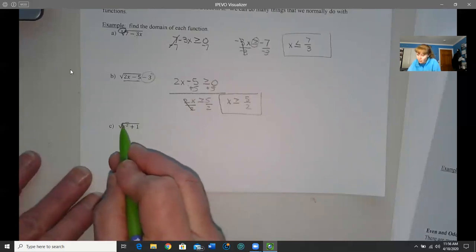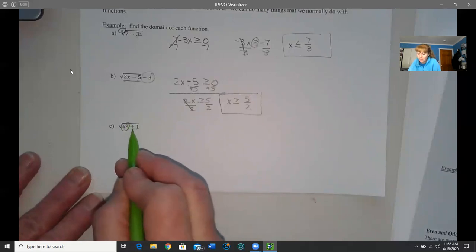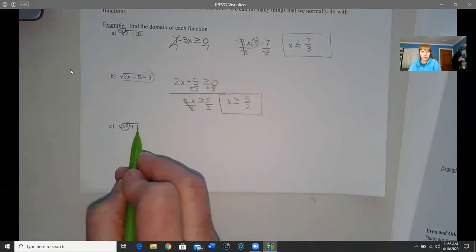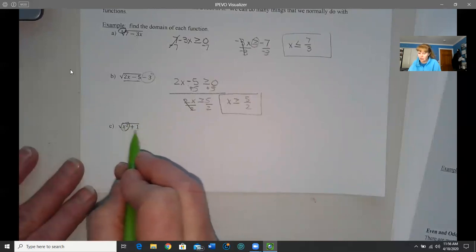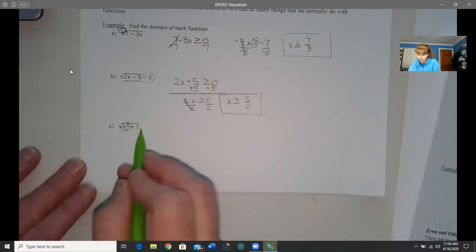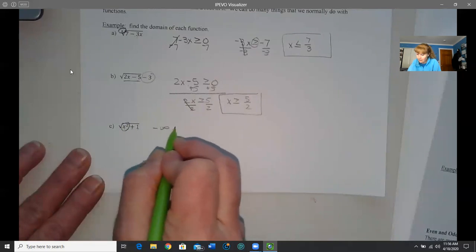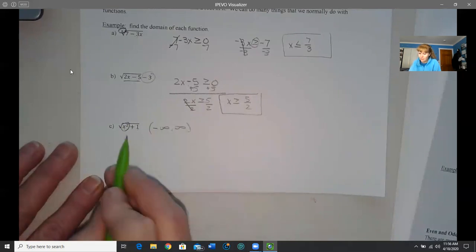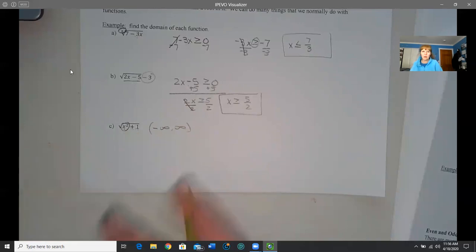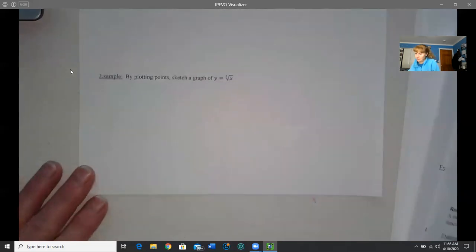So this is always positive, and if you add 1 to a positive, you're going to get a positive number no matter what. So the domain is -infinity to infinity, because if you square a number and add 1, it's always going to be positive. Okay? All right, perfect. I think that's enough for domains.